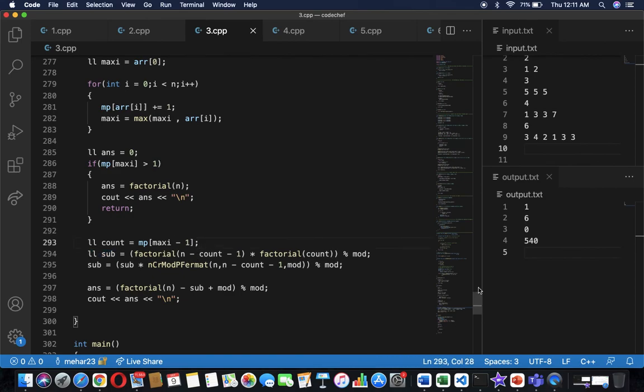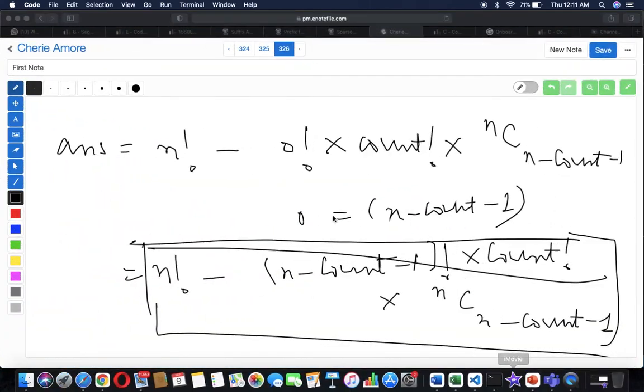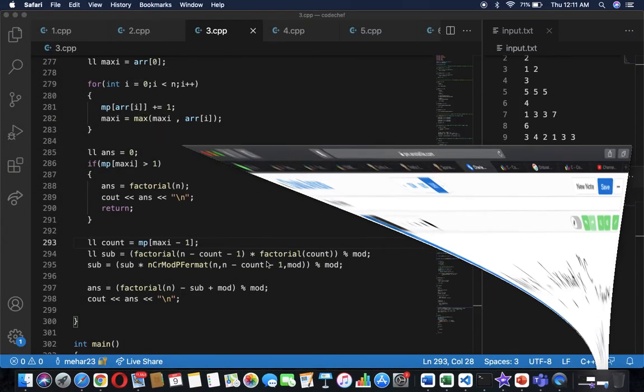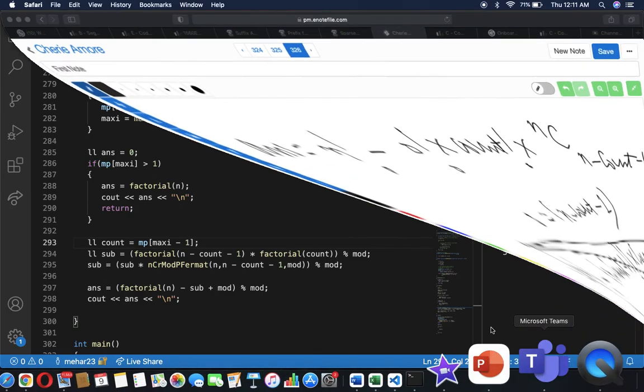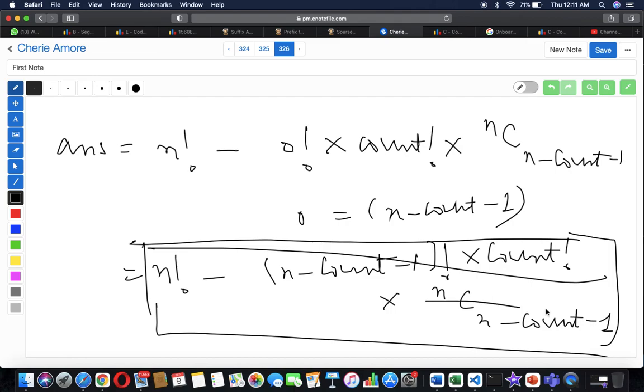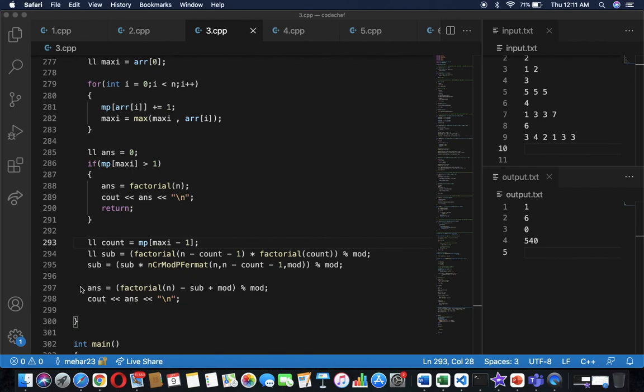So we calculated it by first multiplying this value that we discussed over here, minus 1 factorial into count factorial. And then we multiplied this value with this combinatorics formula that we just discussed, and simply we have an answer where we reduce total number of permutations minus this, plus mod to make sure that we were answering a positive value, and then we simply print the answer.